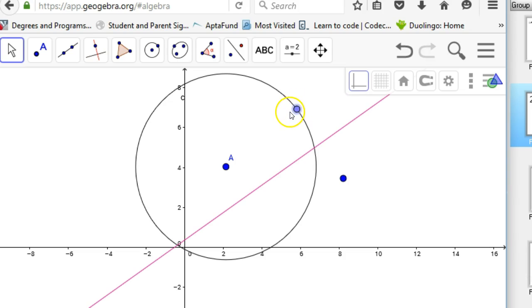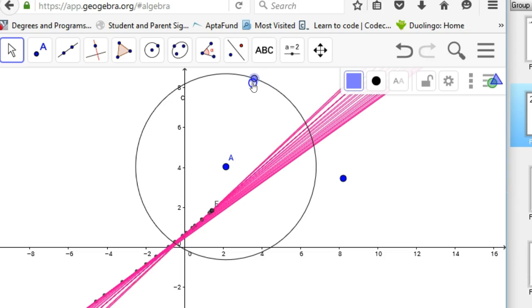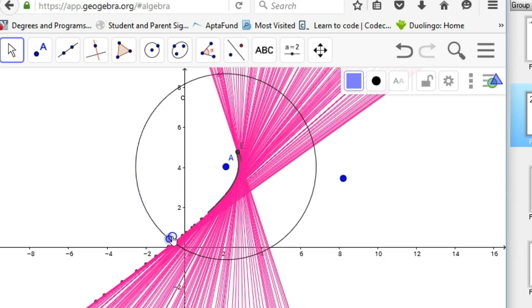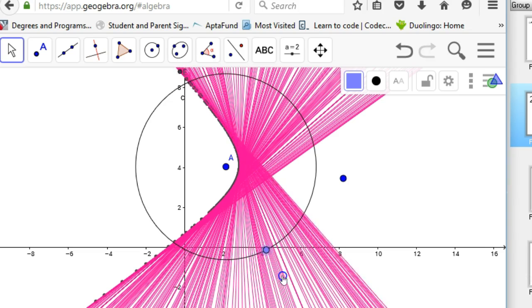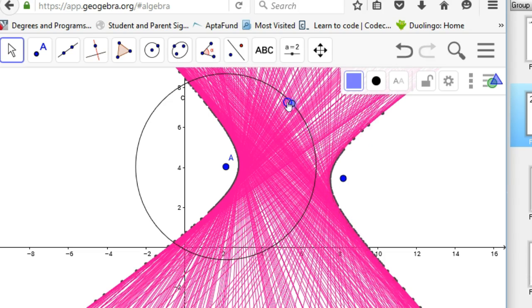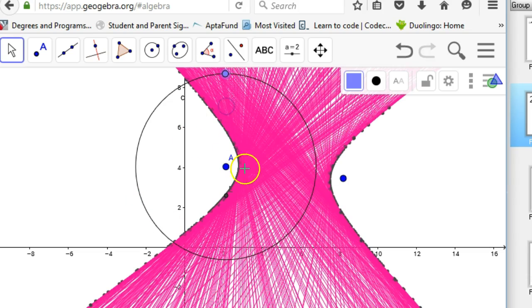And there is still a point along the line between A and this point on the circle, and take a look at what happens. There it is, it's following that line. And it's creating a hyperbola. So kind of a neat deal. We'll talk about hyperbolas later.